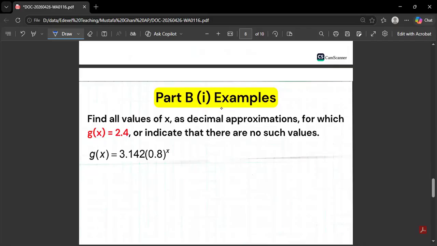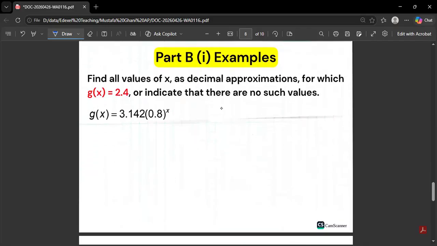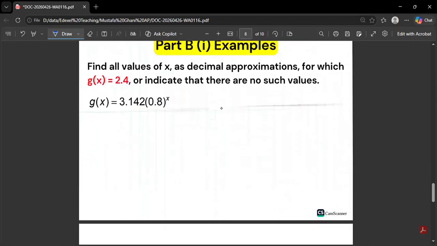All right. Find all values of x, as decimal approximations, for which g of x equals 2.4, or indicate that there are no such values. They're saying g of x equals 2.4.